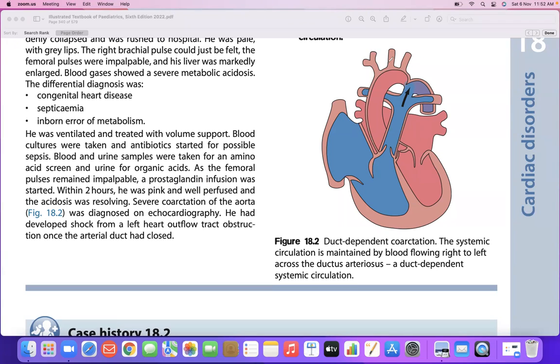So who can tell me the side effects of prostaglandin? Apart from that, hypotension, hypothermia. Fever, yes, temperature.